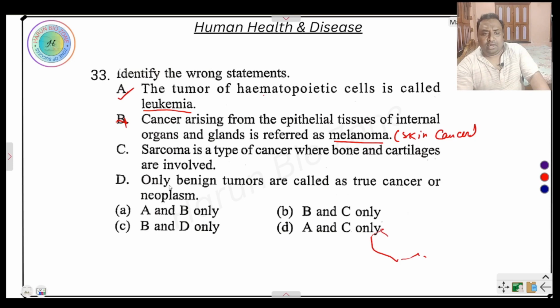No, only benign tumors are called true cancer, not malignant tumors. Malignant tumors are called true cancer. Therefore B and D is the right option.